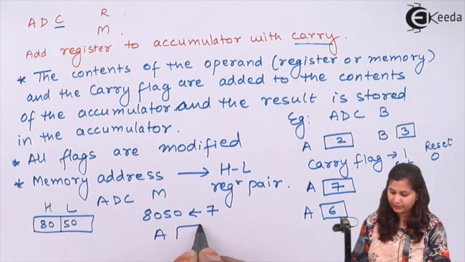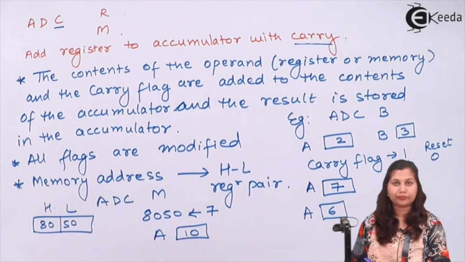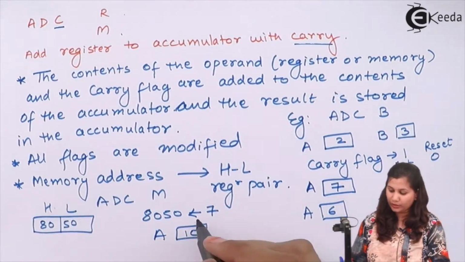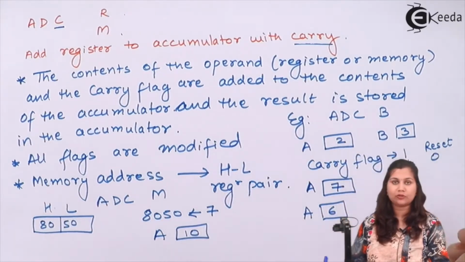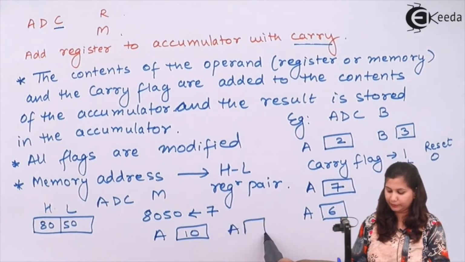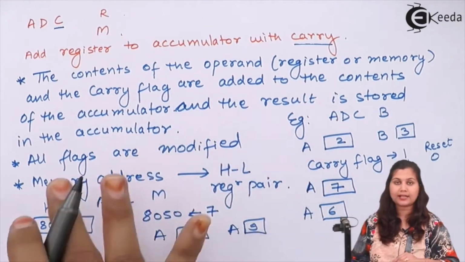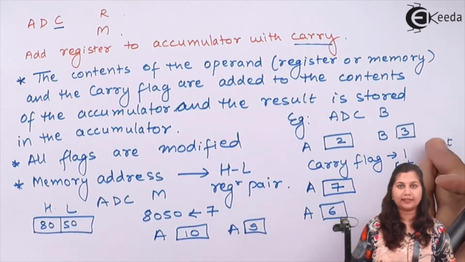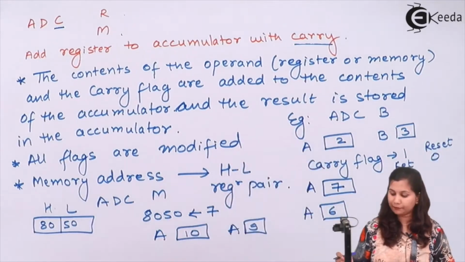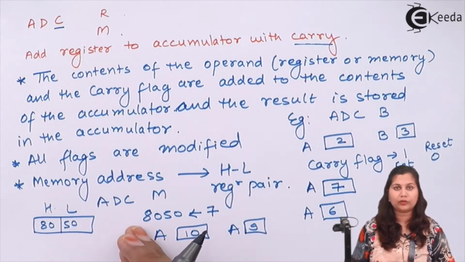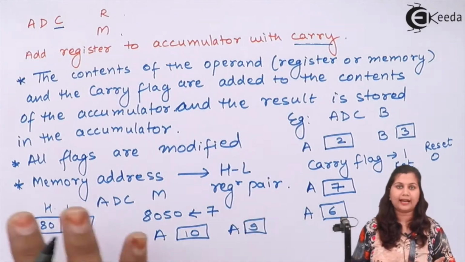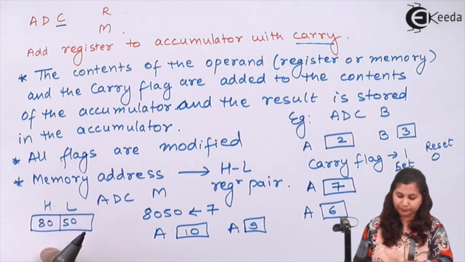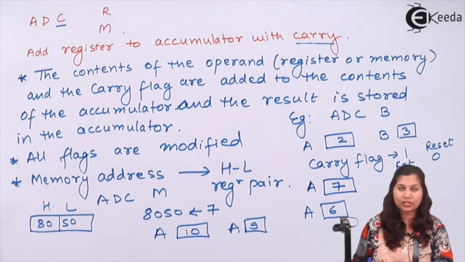So accumulator contents will be 10. Suppose if it is 0, then 7 plus 2 plus 0, so the accumulator content will be 9. So this is how this instruction works. It adds the carry flag and the register and accumulator, or it can add a memory location plus the carry and the accumulator. Now the next instruction is ADI.